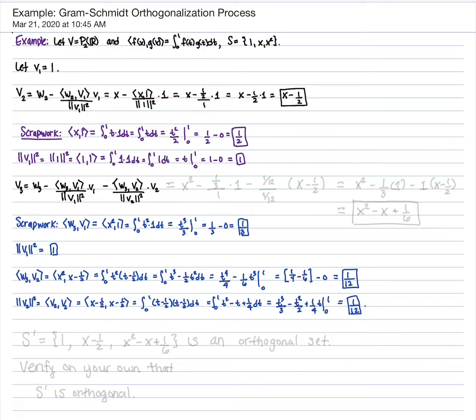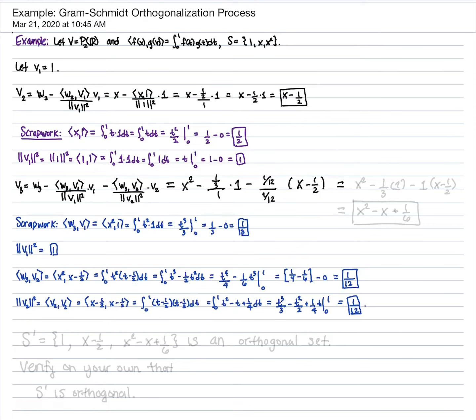And we'll see that V3 is therefore now going to be equal to x squared, which is what W3 was, x squared minus 1/3 over 1 times 1 minus 1 over 12 divided by 1 over 12 times V2, which is x minus 1/2.